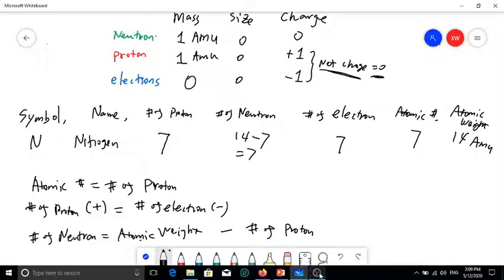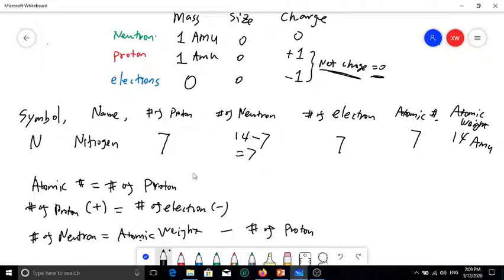Let's see if we can do another exercise just like that. Usually I'm going to give you part of the information about an element and ask you to fill out the rest.